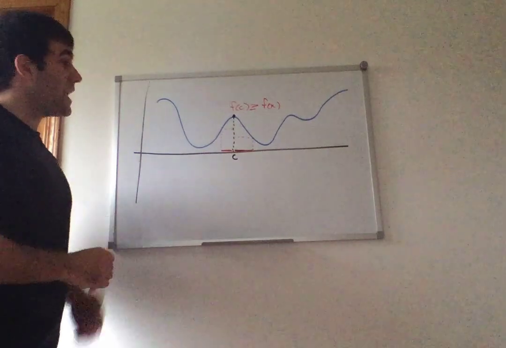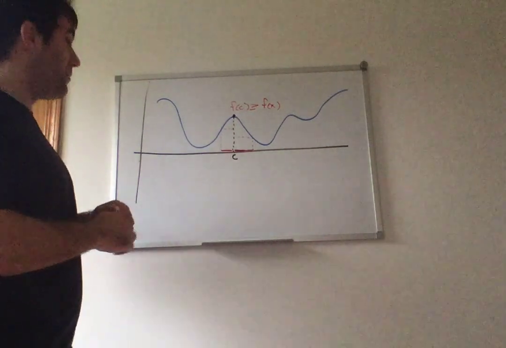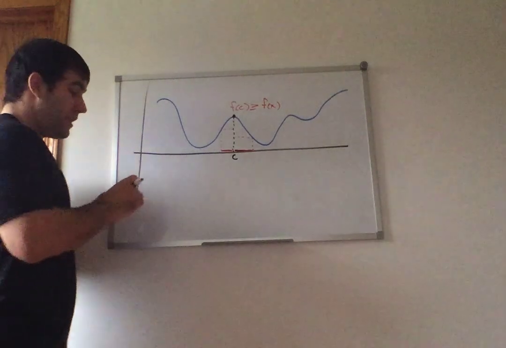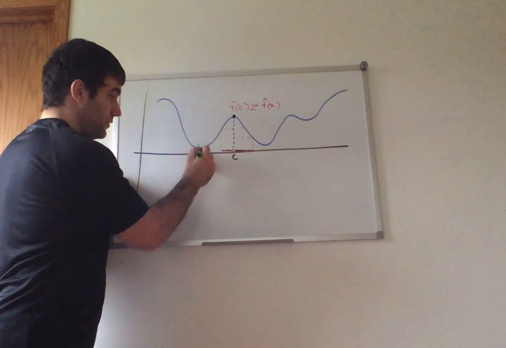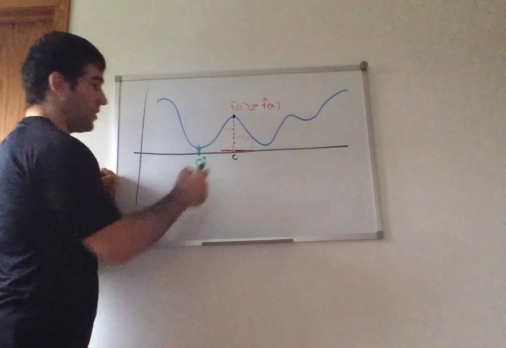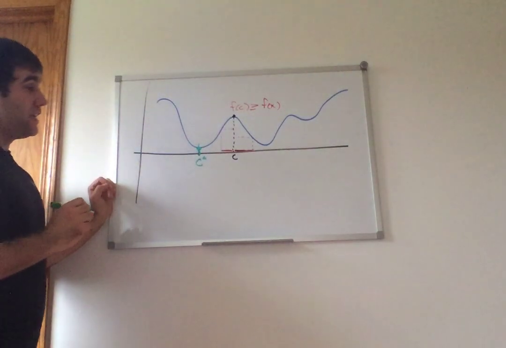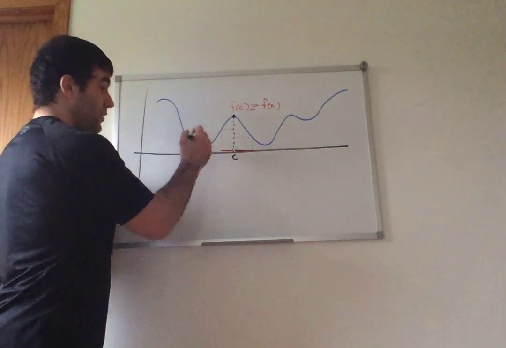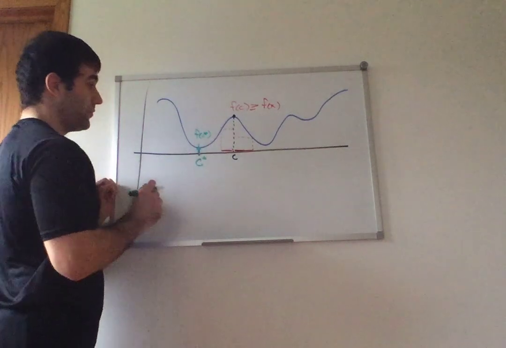Okay, we could use this same idea and explain a local minimum. So if I look over here, right there, this is my new C. I'll call it C star so you don't get it confused with this C right there. Now, this y value here is f of C star.